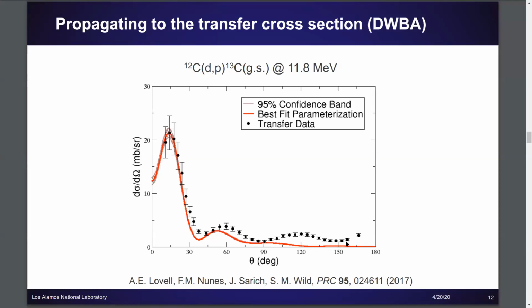But then as we get to more backward angles, we have this shift in the angular pattern, which isn't accounted for in the uncertainties in our model. The bands or intervals are not wide enough to overlap with all of this data.